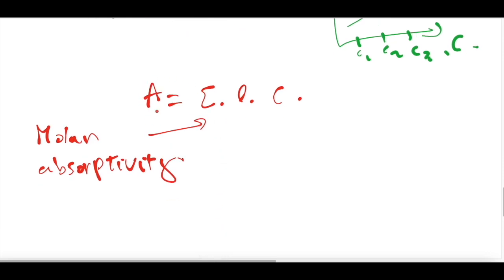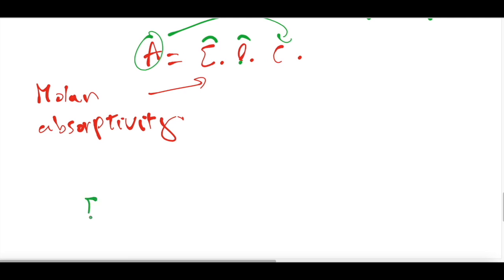So in this Beer's law, we have epsilon which is constant and the path length which is constant, so the variation of A depends on the concentration. Of course, if we change the path length, the absorbance will change, but if we maintain the path length constant, the absorbance will be proportional to the concentration.